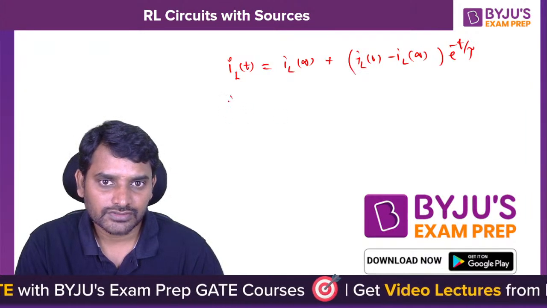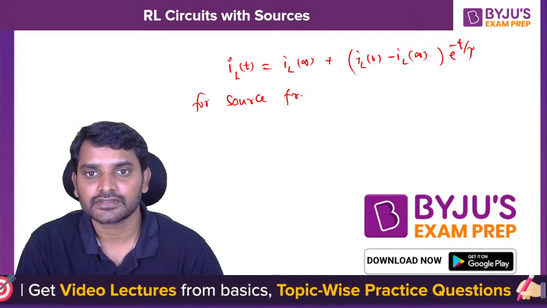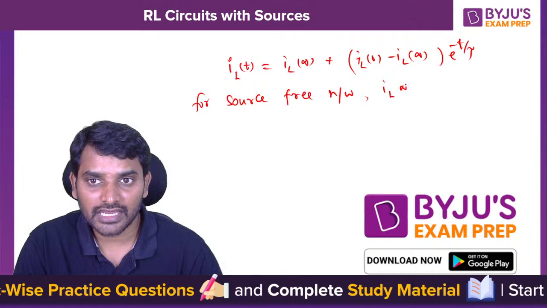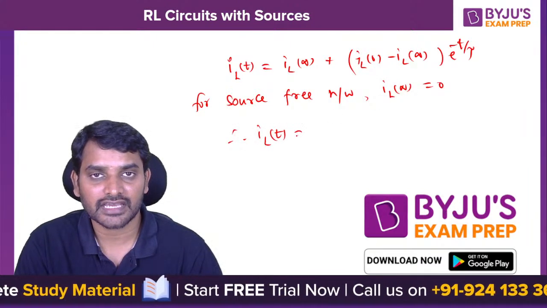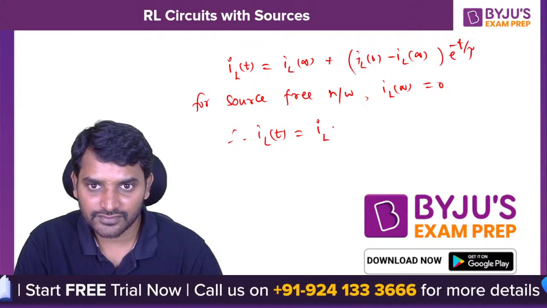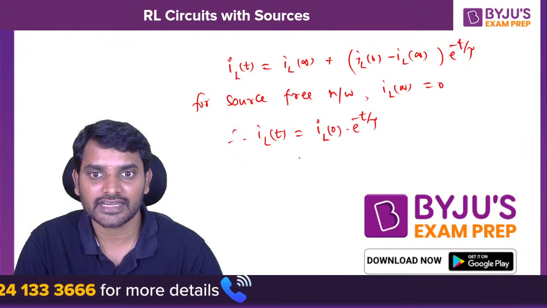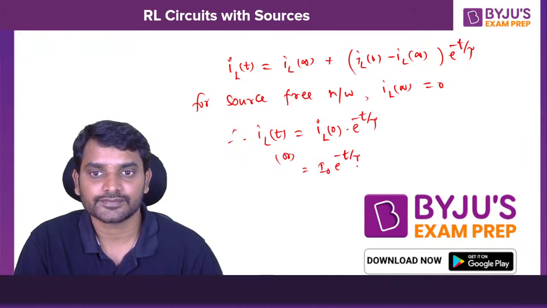For a source free network, the final value will be 0. IL of infinity will be 0. Therefore, the inductor current equation will be IL of 0 into e power minus t by tau. We write it as I naught into e power minus t by tau.